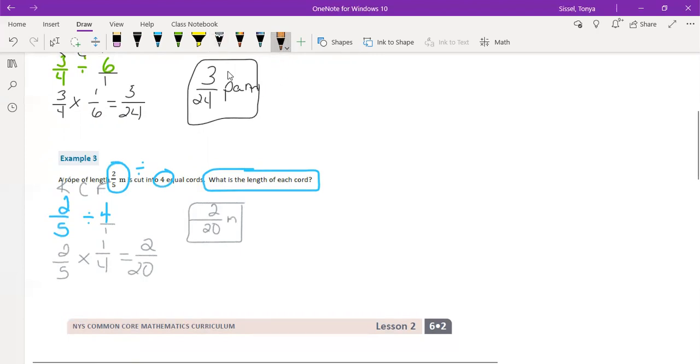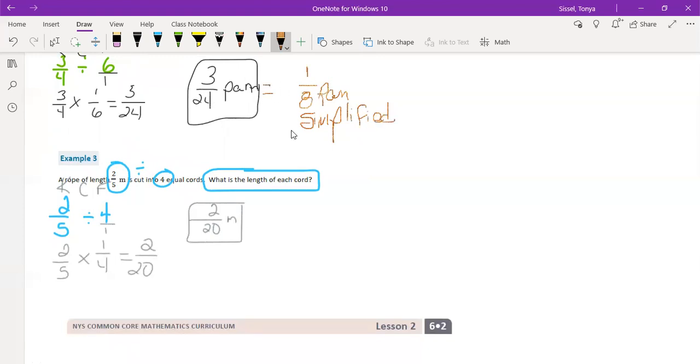This one, since I can divide 3 by 3 and 24 divided by 3, those work. So this would actually be 1/8 of the pan as a simplified. So it's equivalent. 3/24 equals 1/8.